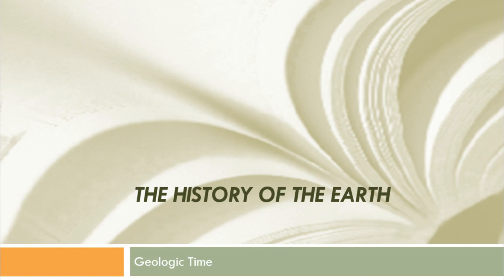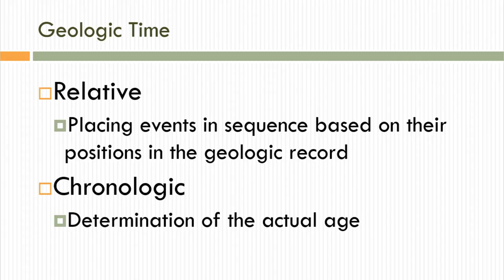So to start off with, I want to talk about geologic time and how we actually organize the history of the Earth. Really when we do this, we're thinking about it in two different ways: relative time and chronologic time, right? When we talk about relative dating, for instance, and we'll talk about this when we talk about fossils, we're dating something in relation to something else. So we place events in a sequence based on other events in the sequence.